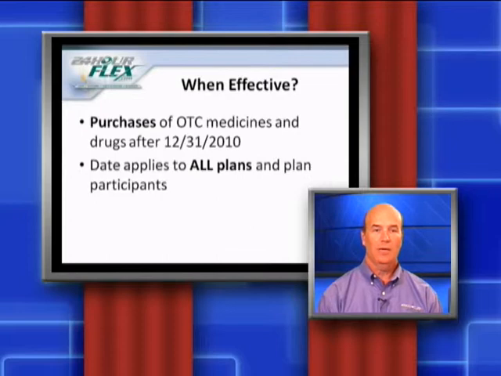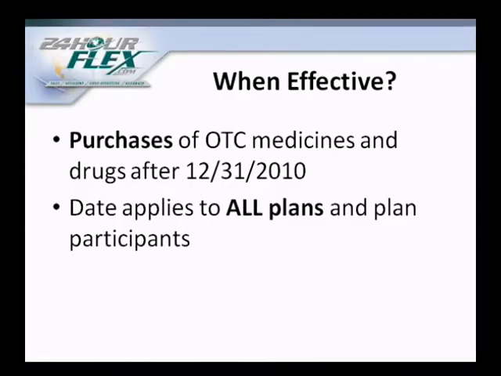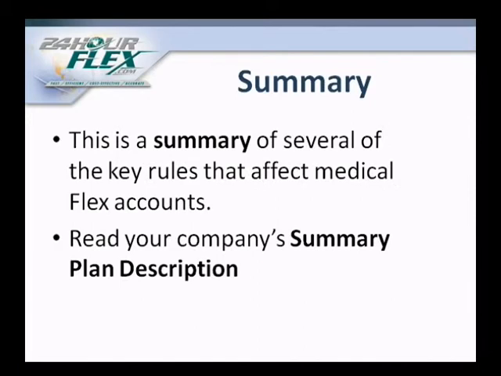Also, you may be in the IRS grace period, or you may be in your plan's run-out period after the end of the plan year. It doesn't matter. This is a hard date. December 31st, all over-the-counter medicines and drugs become ineligible unless you have a doctor's prescription.